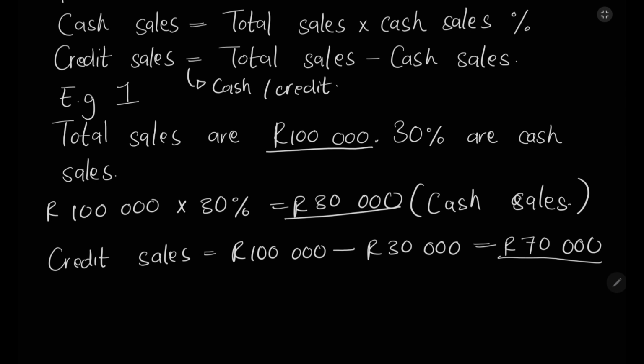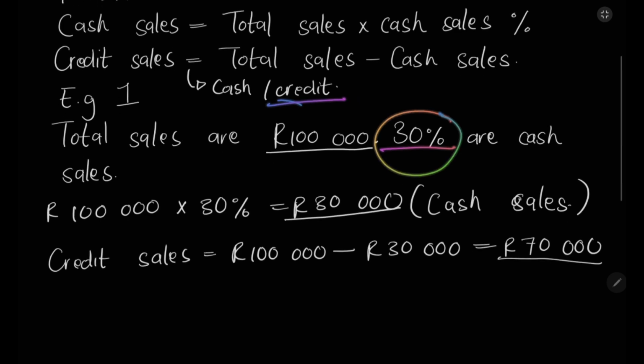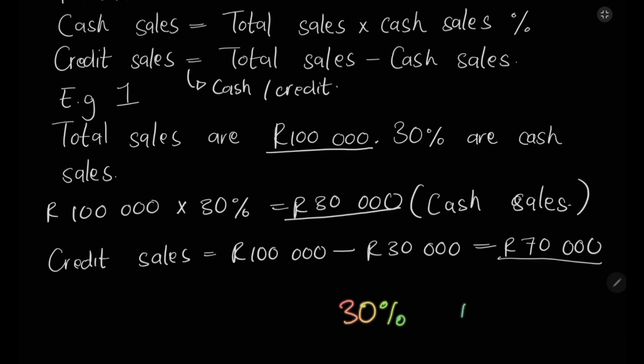And again, as I've said, there are two ways in which you can sell something. You can sell it on cash or credit. So if they tell you that 30% of something is your cash sales, that means the remaining is your credit sales. Remember, we always have 100%. So you have to say 100% minus 30%, which is 70%.